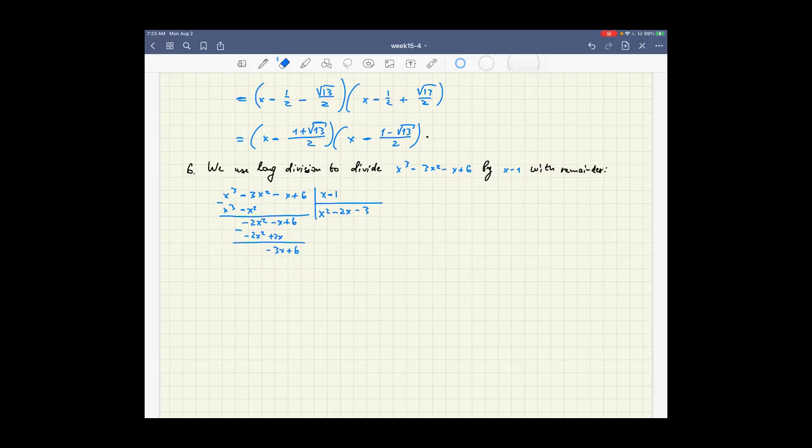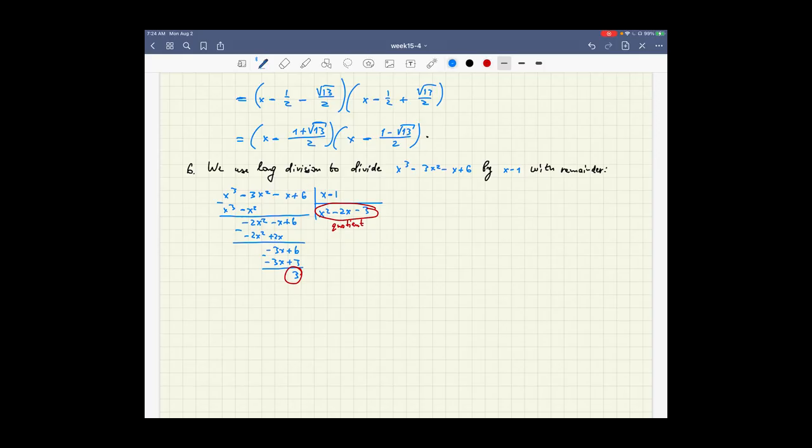So here I get, all right, so the quotient is x squared minus 2x plus 3, and the remainder is 3.